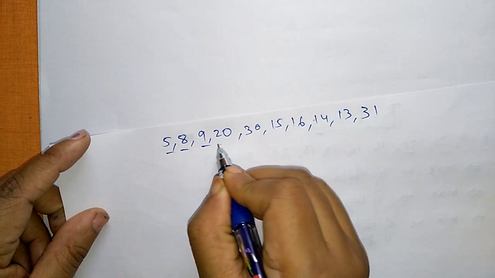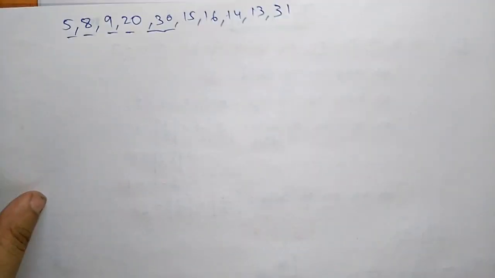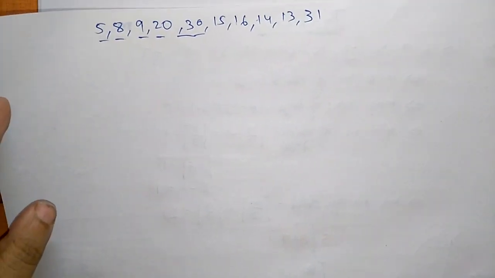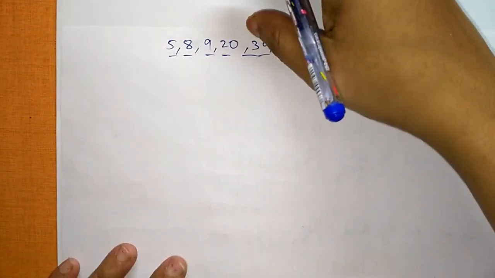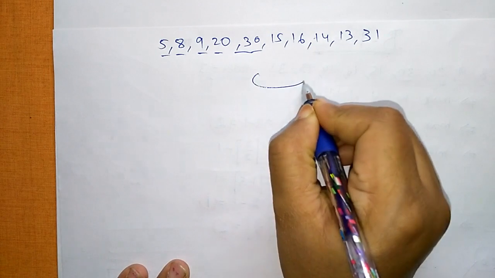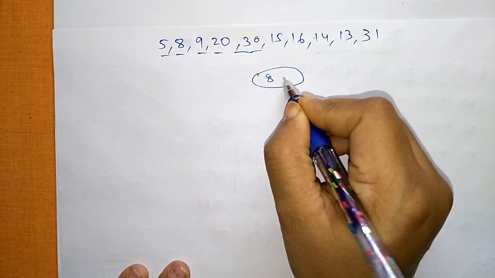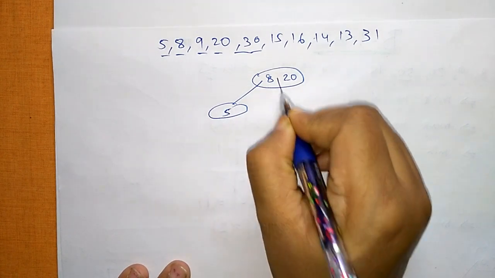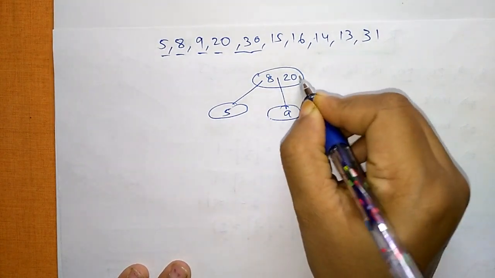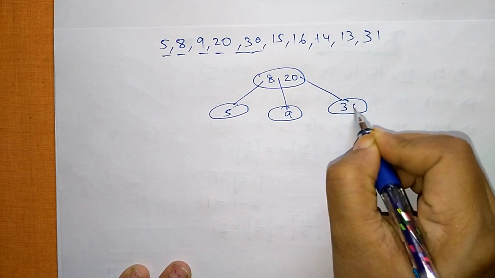Up to 30 we have already inserted. So now check. The root consists of 8, 20. Here 5 was there, 9 is there, and then 30 is there.